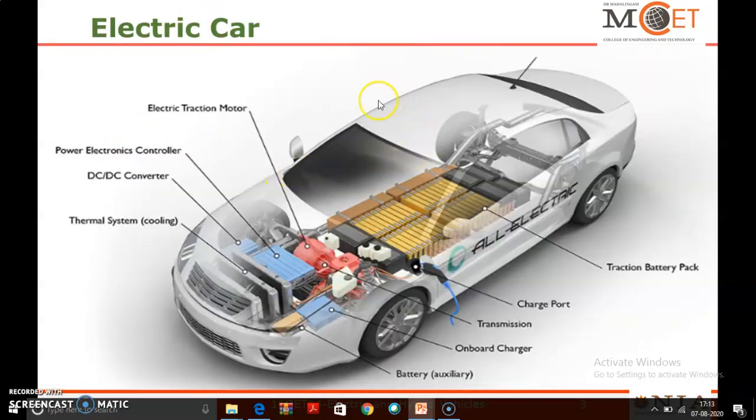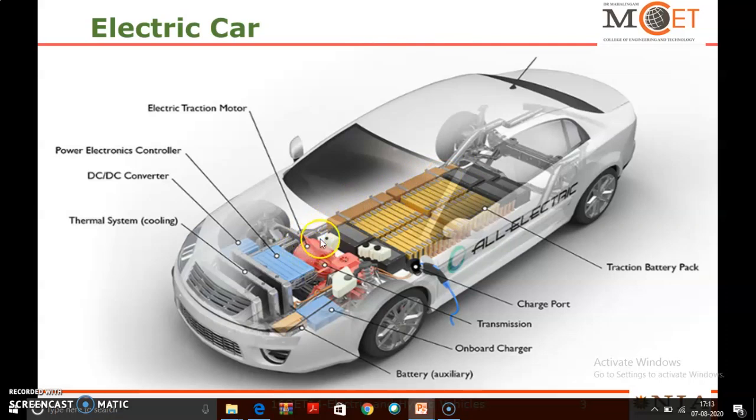This is the diagram of the electric vehicle along with its components. This area is the traction battery pack. As I told already, the battery pack comprises a battery management system and battery modules. And this is the electric traction motor.